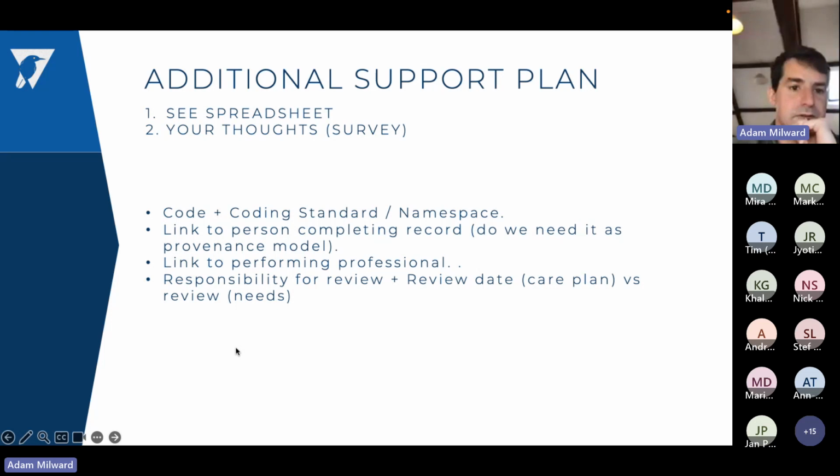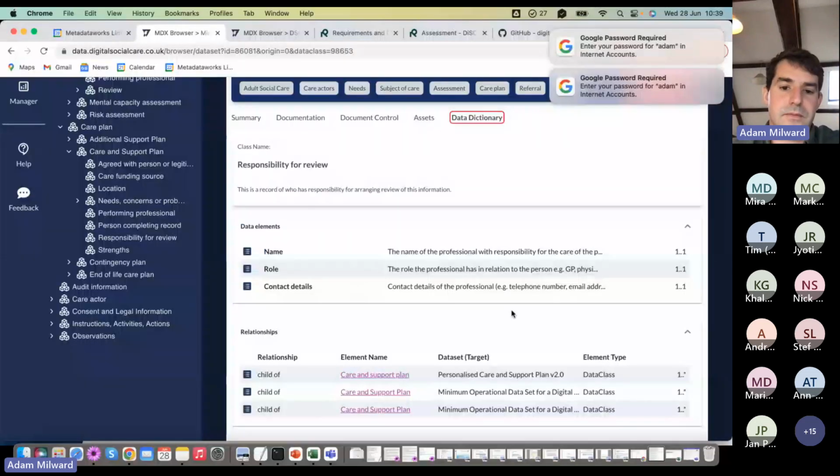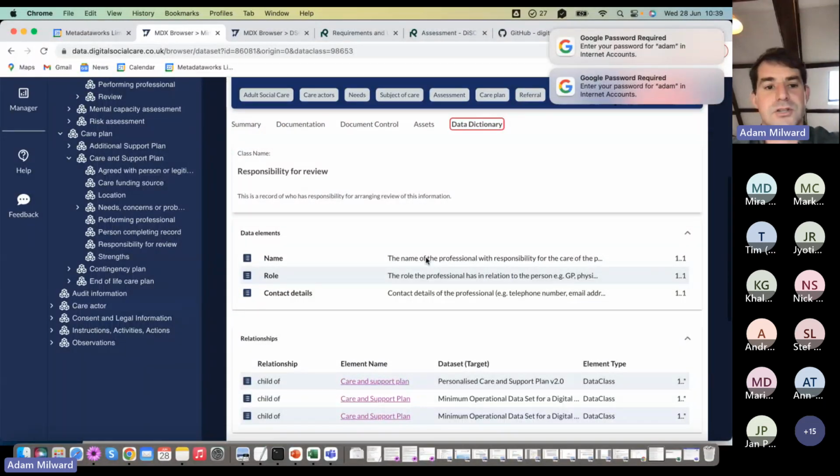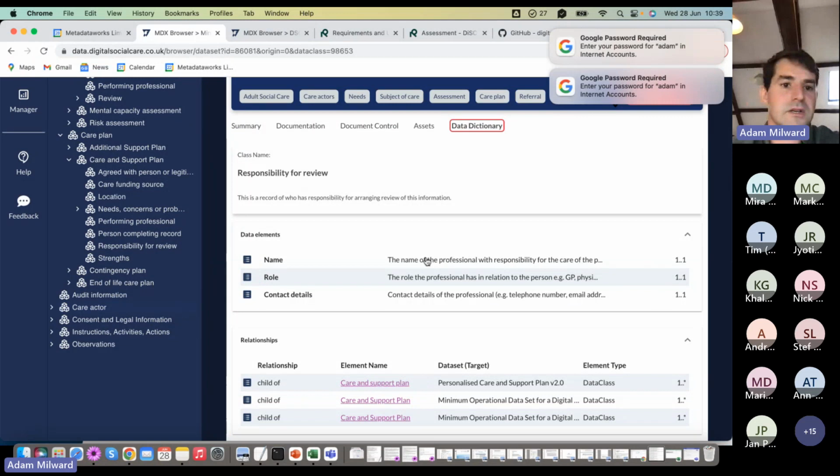Both the care and support plan and the additional support plan have a class for responsibility for review. And I think elsewhere we've got the concept of a review, so I think we need to merge those two things.